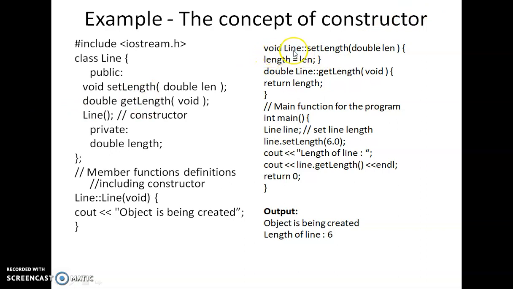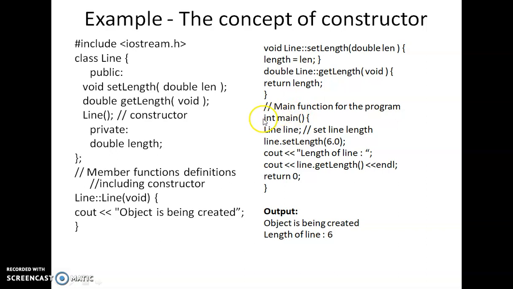Line is the class name followed by the scope resolution operator and the setLength method name, and it has only one argument, length. This argument value is going to be stored into the length, which was already created within the private access member of the class Line.